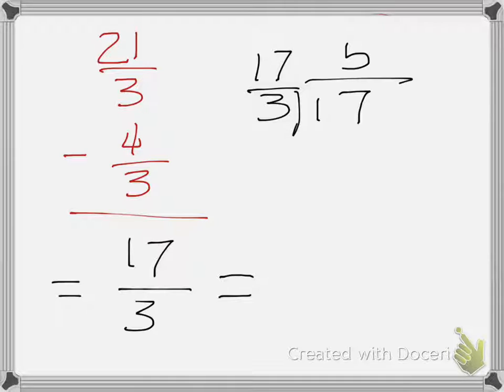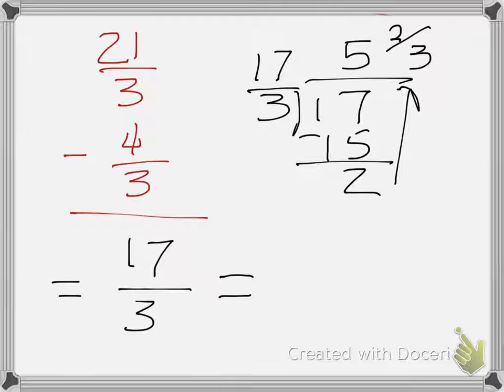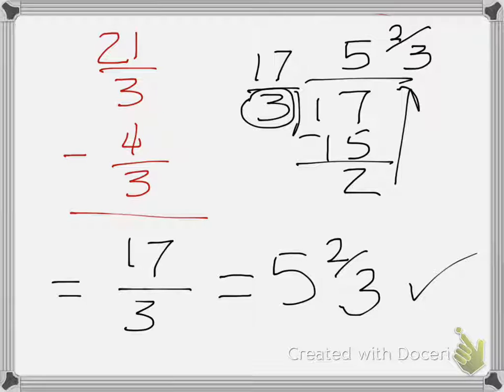So 3 times 5 would be 15, and I'll subtract 15 from 17, and I get 2. And I'm basically done by writing this as a fraction 2 over the divisor, 2/3. So 17 over 3 is actually equal to 5 and 2/3. And we did that earlier when we did borrowing, so we know that is correct.